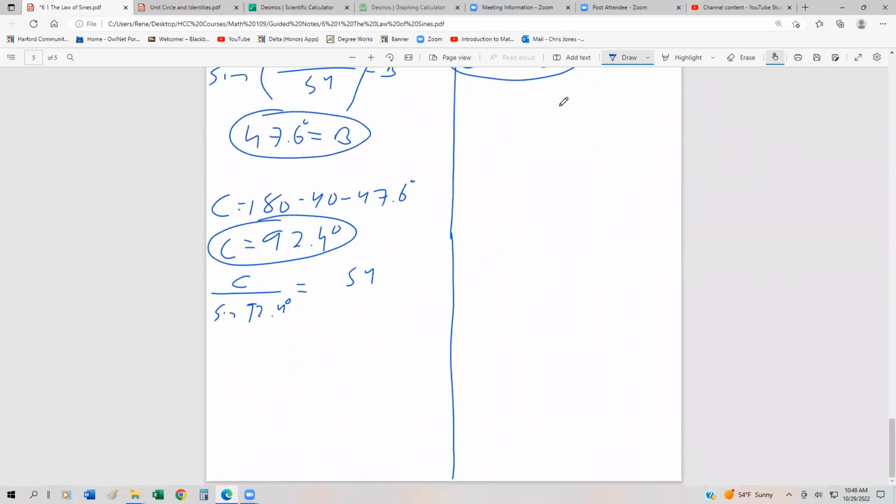So c is going to be 54 sine of 92.4 degrees divided by sine of 40.